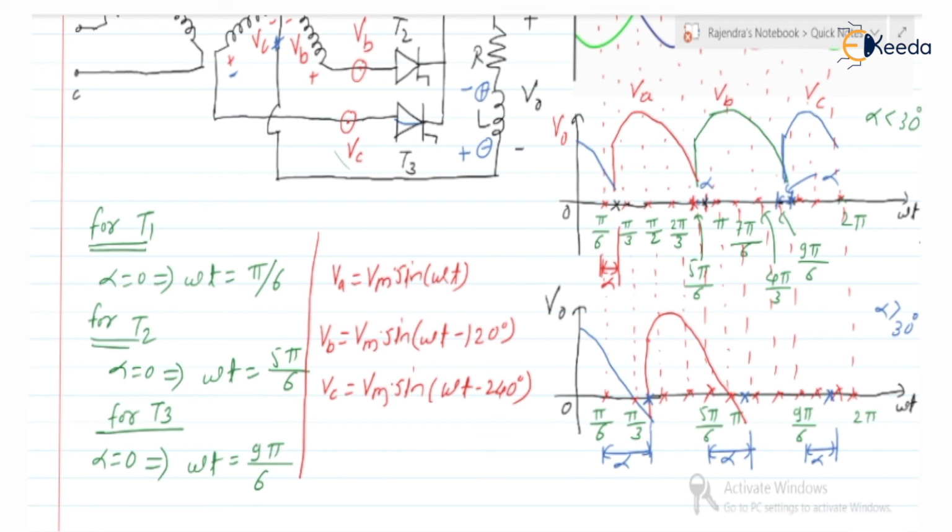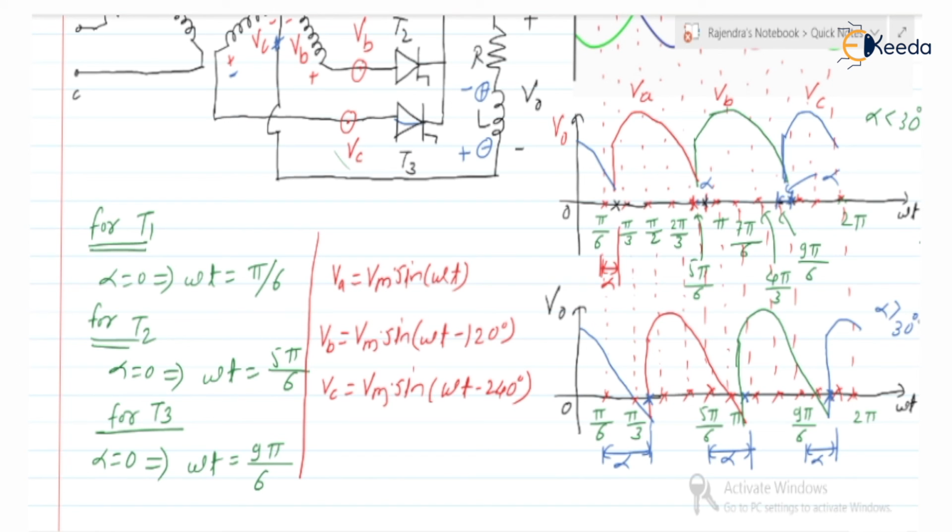After this the Vb, or the thyristor T2, will come into the picture, and here some part of the Vc.